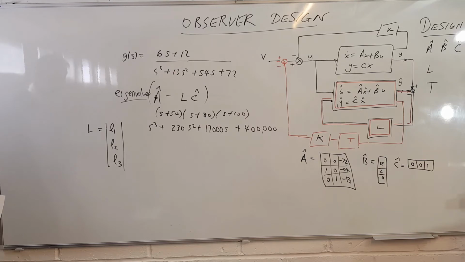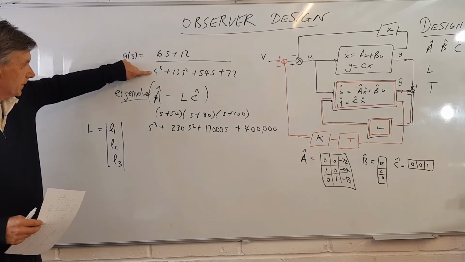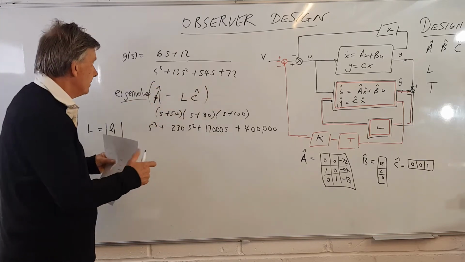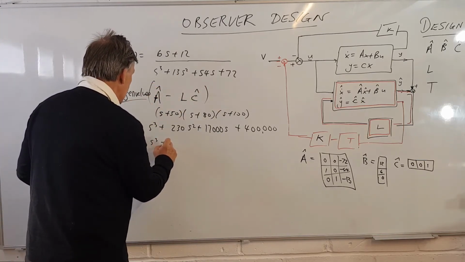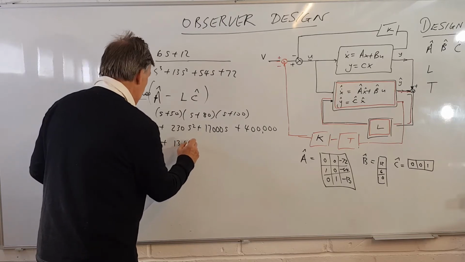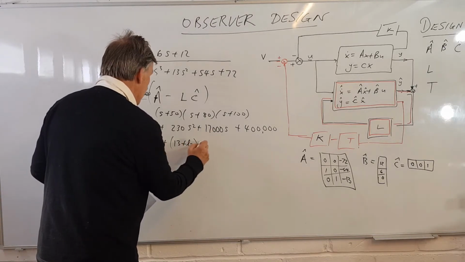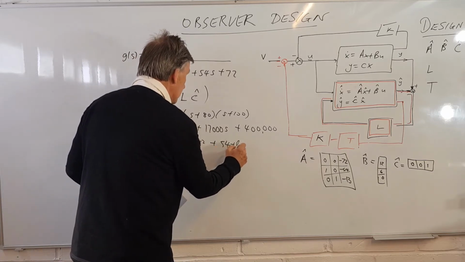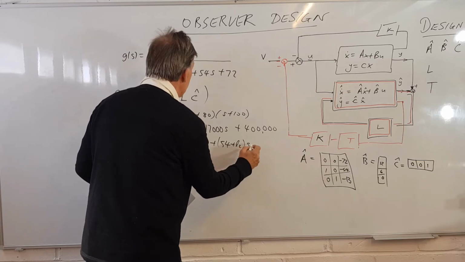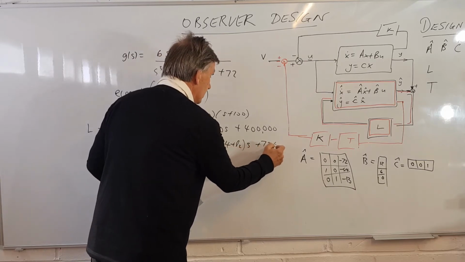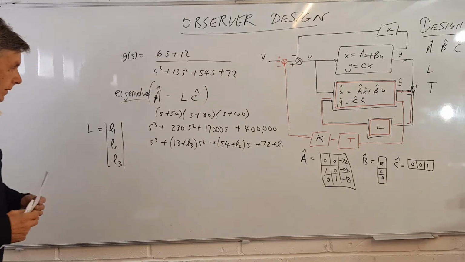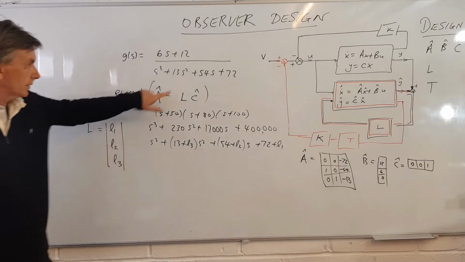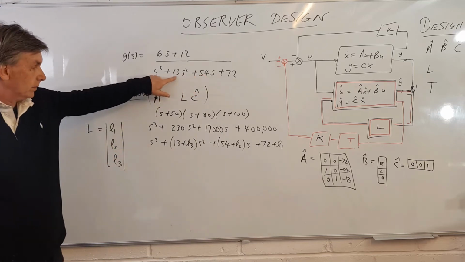Now this can be done by going back to this equation here, and because it's like a reverse order method, we can rewrite this equation as S cubed plus 13 plus L3 S squared plus 54 plus L2 S plus 72 plus L1. So the L1 gets added into this number, the L2 onto this one, and the L3 onto that one.